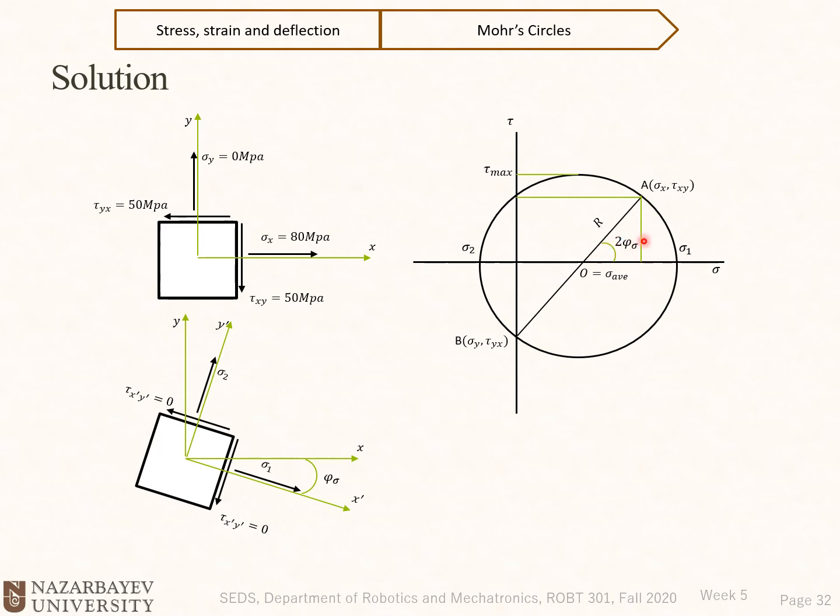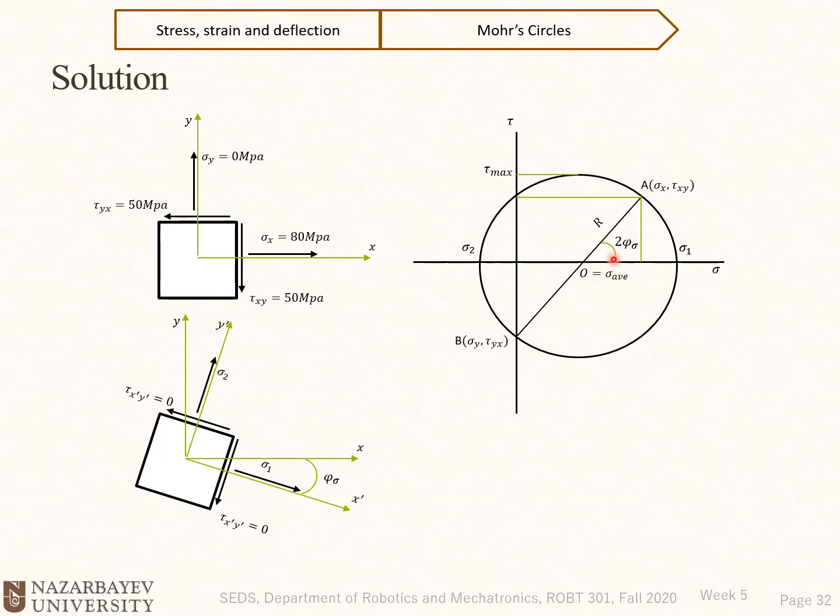We have this right triangle here, and the tangent of these two phi sigma is equal to tau xy divided by this side of our triangle. This value is equal to sigma x minus sigma average.